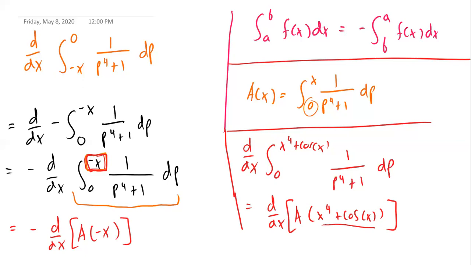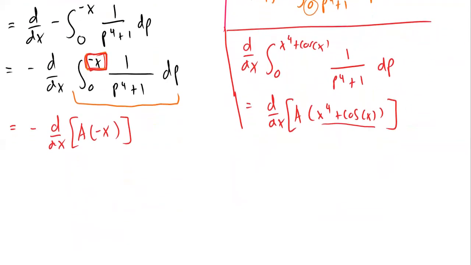And then why was this useful right now and in section 5.3? Well, because once you have that, you can use the chain rule. You can just use the chain rule for compositions. Meaning that what's the derivative of this? Well, take the derivative of the outside. So I keep the negative out front, because I have a negative here. Take the derivative of the outside, leave the inside the same, multiply by the derivative of the inside.